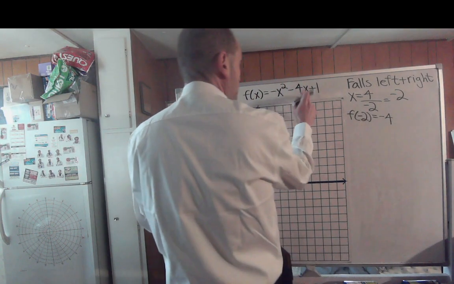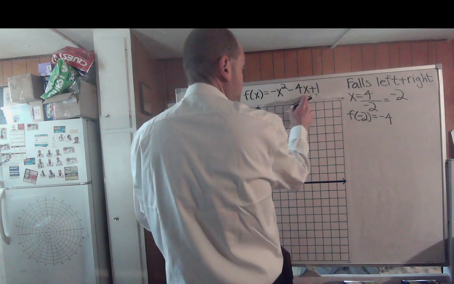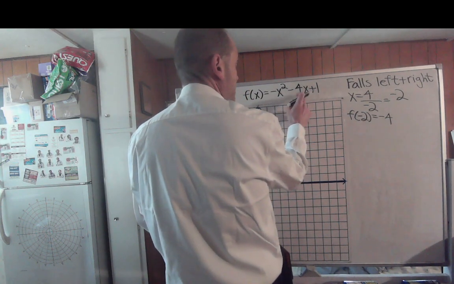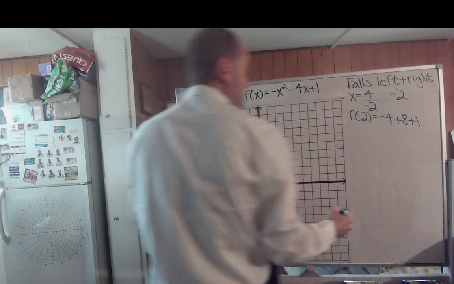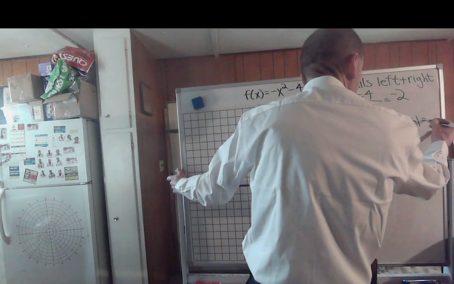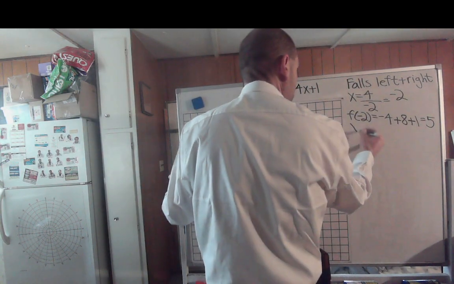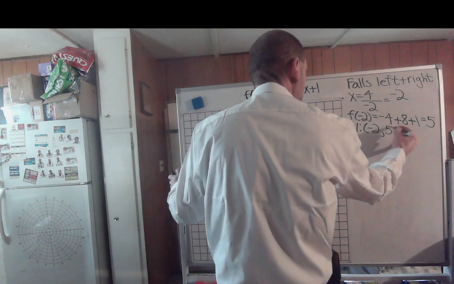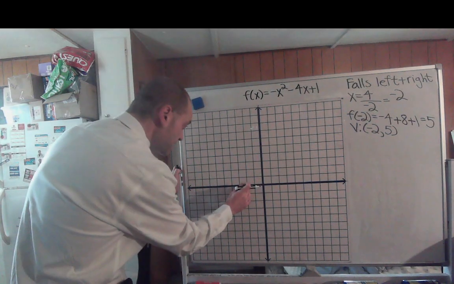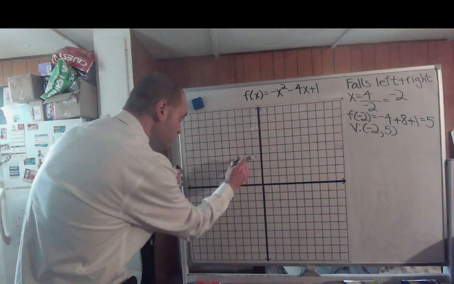Now negative 4 times negative 2 is actually positive 8, so this would be plus 8 plus 1, so you would end up getting 5. So your vertex can be found at the point negative 2, 5. So there's your vertex at negative 2, 5.